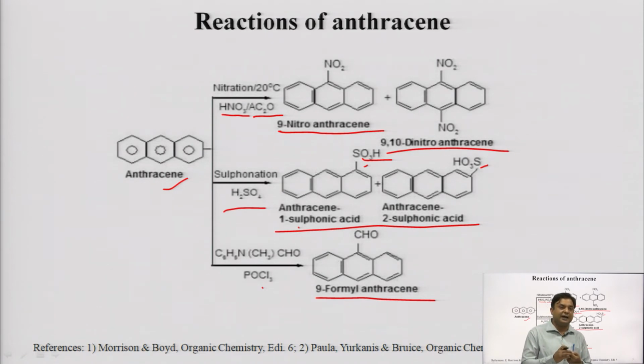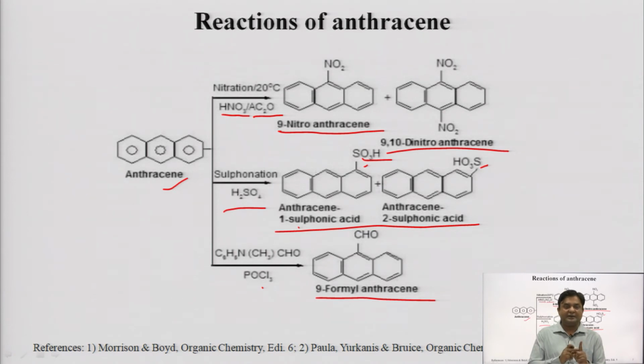In the second step, this electrophile attacks the anthracene molecule. Delocalization of the electrons occurs, and in this second step a carbocation will be generated because of the attack of the electrophile on the anthracene ring.